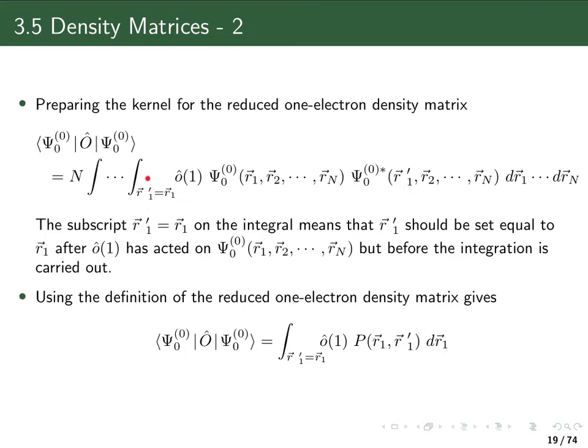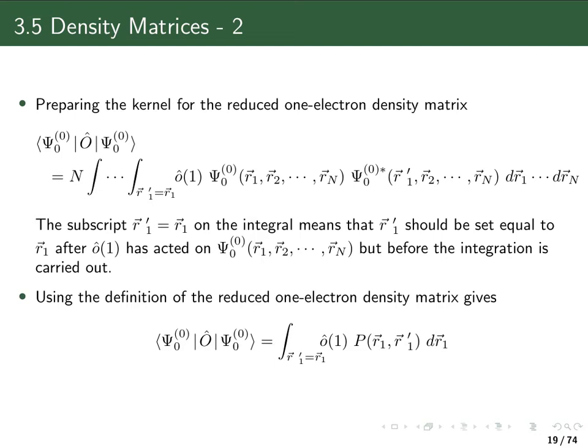So this is what this superscript on the integral is trying to indicate: that after applying the operator to the wave function, but before integration, I have to replace R1 prime with R1. Now I'm ready to use the expression 2-22 from chapter 2-3 to introduce the reduced one electron density matrix.